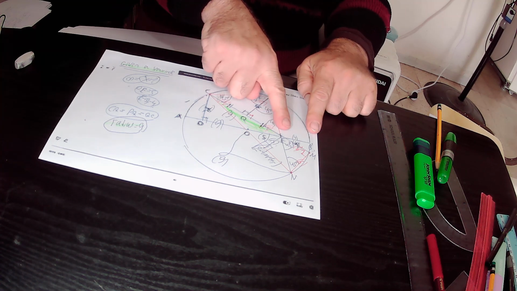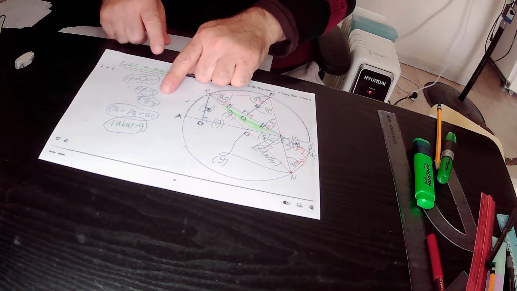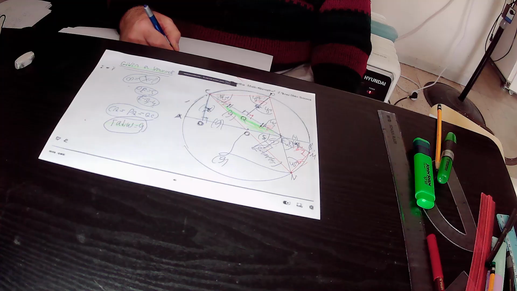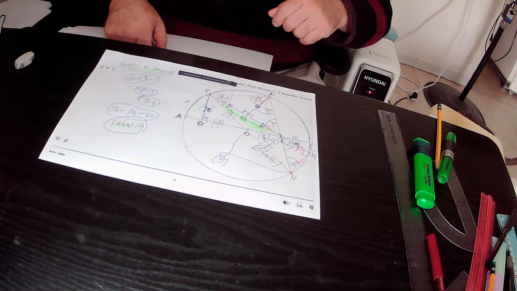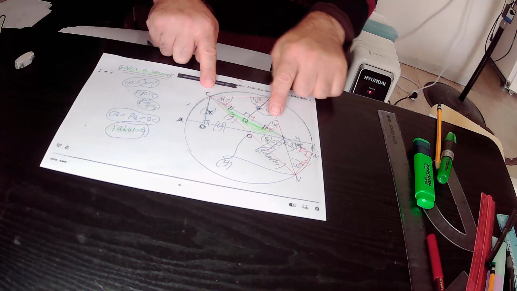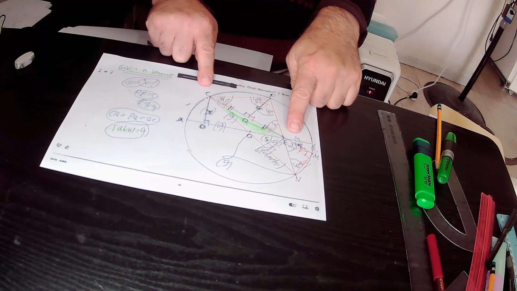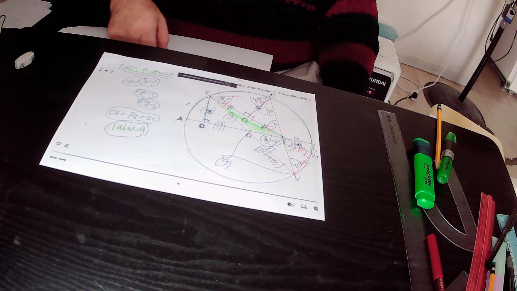Times EB. EB equals 4 units, according to what is given in the question. And it is equal to CE. CE equals CQ, that is A, plus QE, that is also A. So in total, CE equals 2A.